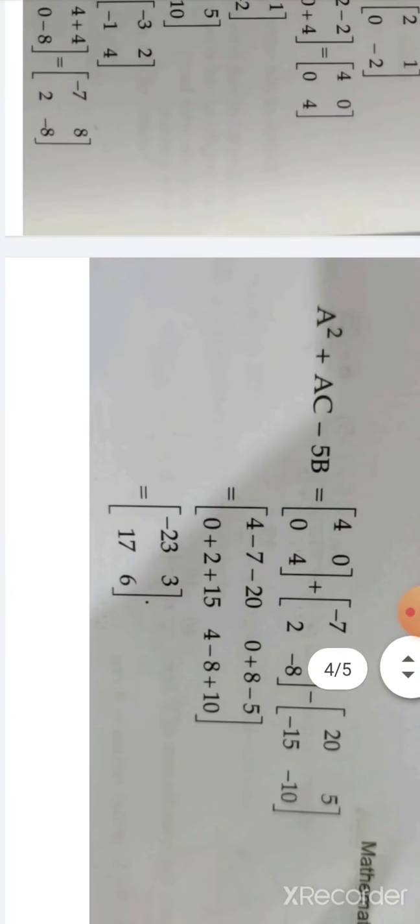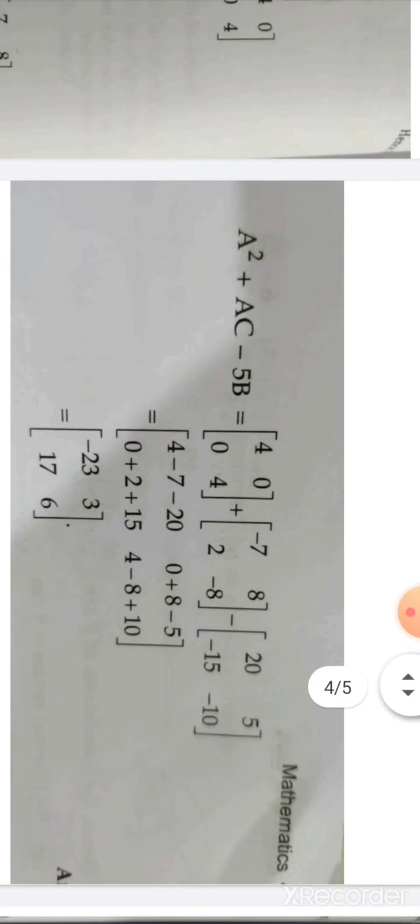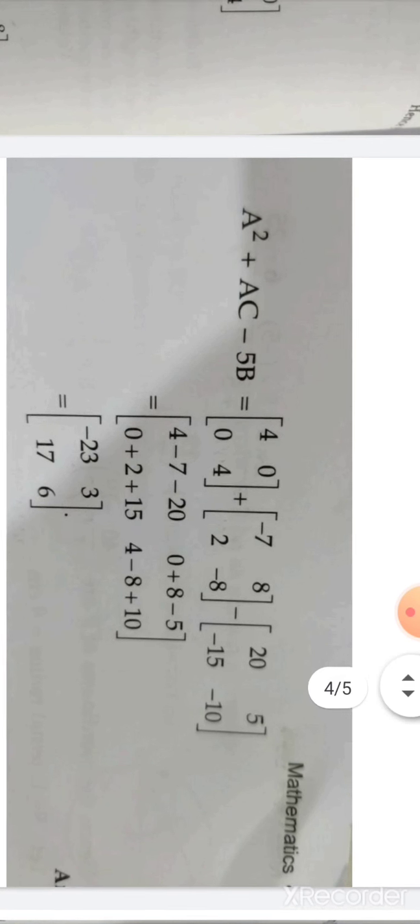Now taking the resulting matrix as A square plus AC minus 5B, substituting values here: 4 minus 7 minus 20, accordingly taking subtraction and addition, 0 plus 8 minus 5, then 0 plus 2 minus minus 15, 4 minus 8 minus minus 10.